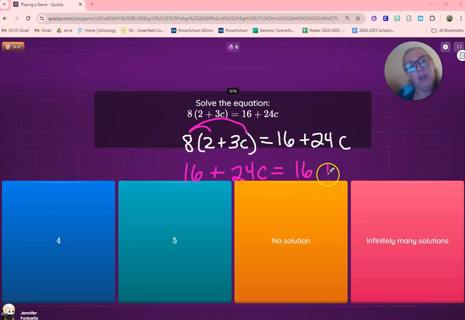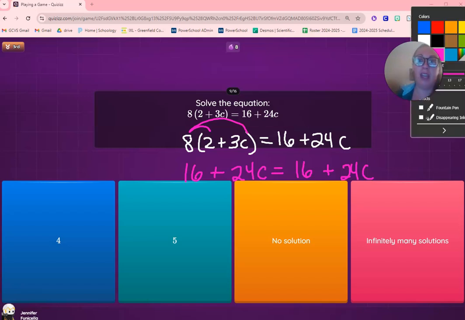So notice on both sides we have 16 plus 24c. So these actually have the same slope and the same y-intercept. So this is an example of infinitely many solutions. Infinitely many here for this one.